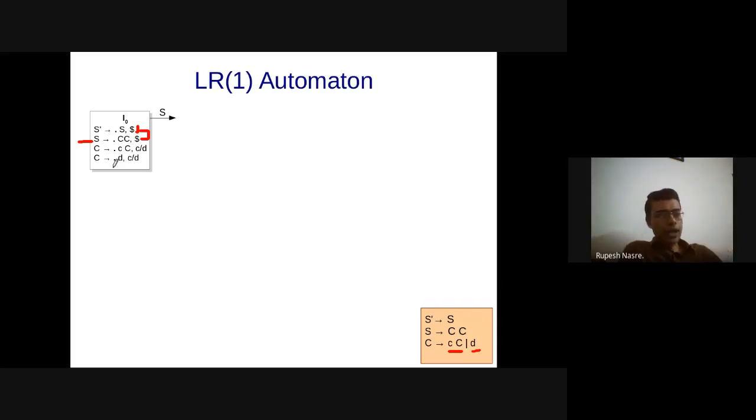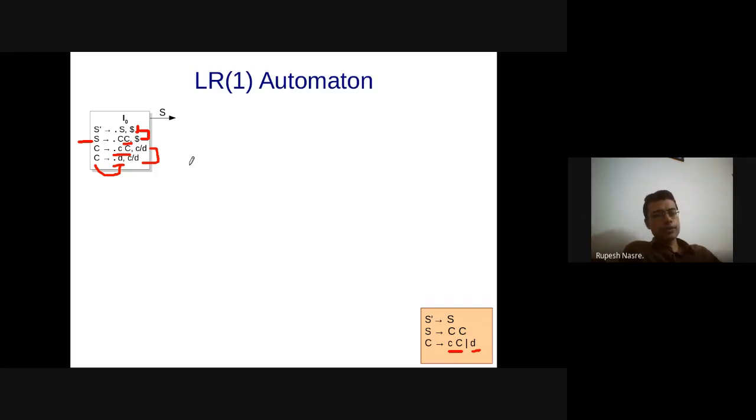Now for the lookahead part, for the last two items, what should appear? If I reduce .Cc or .d to this C1, what should follow is the first of C2. Therefore, first of C2, which is essentially first of C, is going to appear as the lookahead for these two non-kernel items.